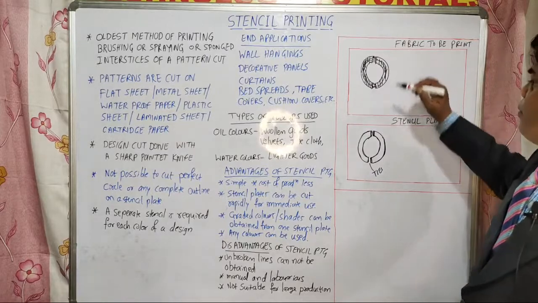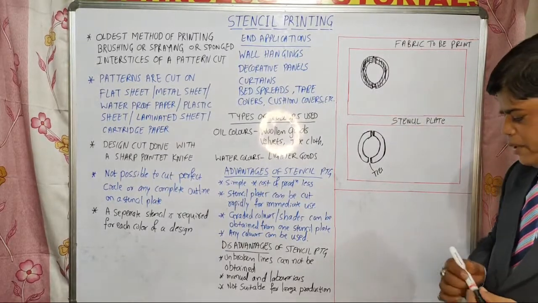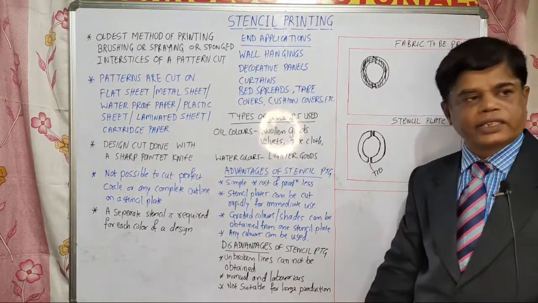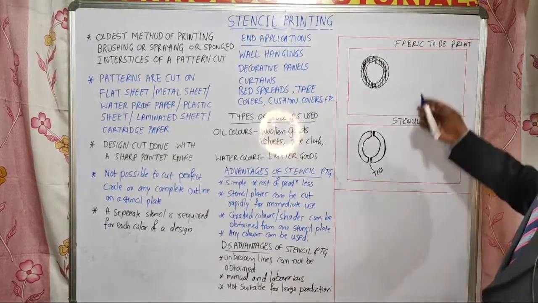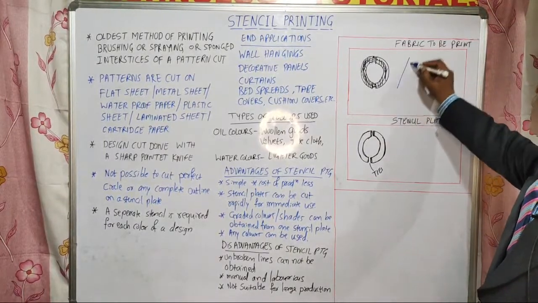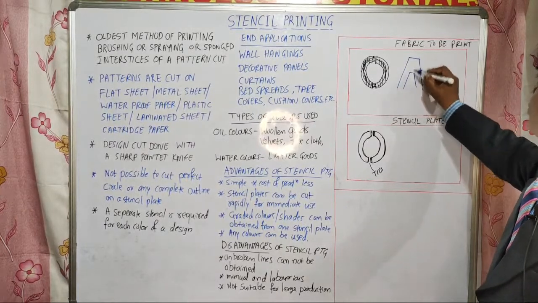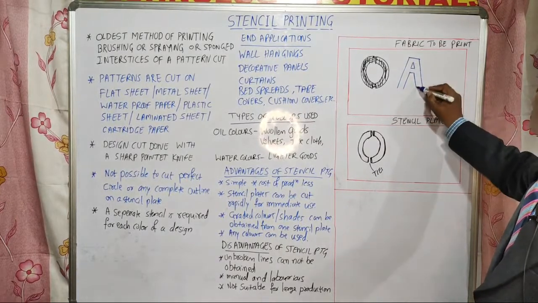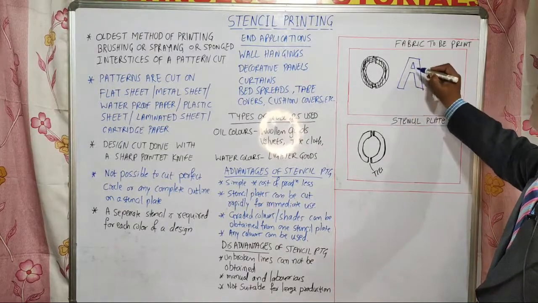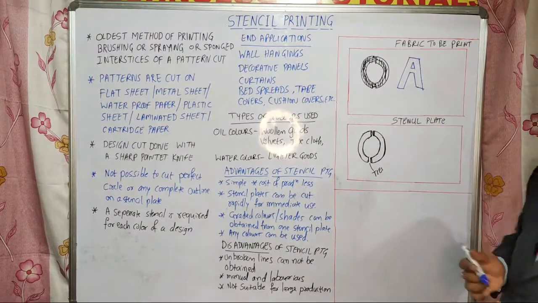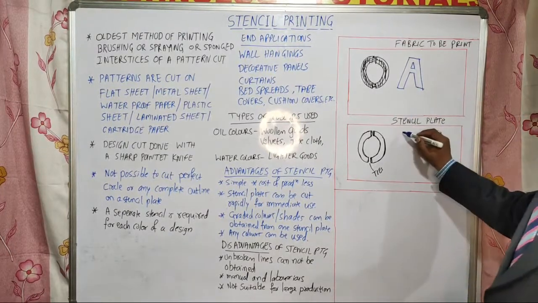Even though this is one example, I am giving you one more example to understand. See, O is there. Next, I wanted to print A. How to cut the stencil for this? Shall I cut here?